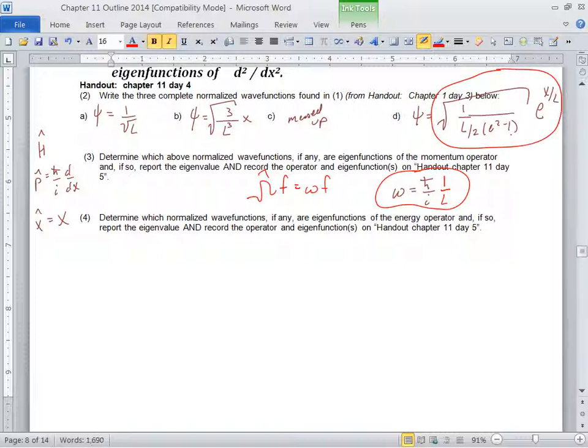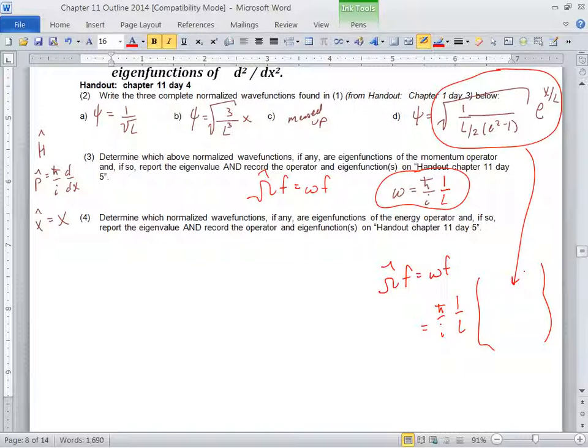So when you do this, you're going to get h bar over i, 1 over L, and then times this whole big thing. Didn't you get that? Because that whole square root of L over 2 e squared is just a constant. You pull that right out of the derivative.